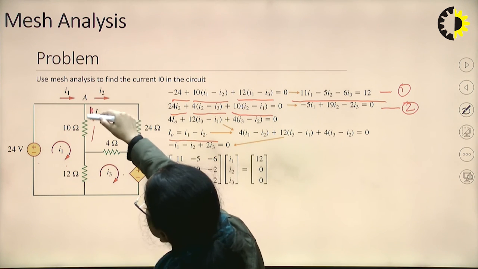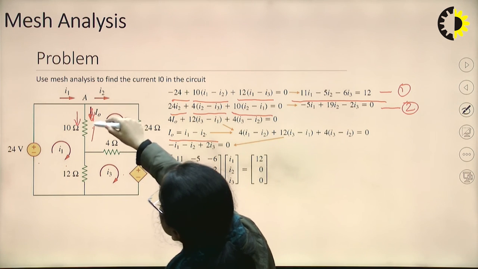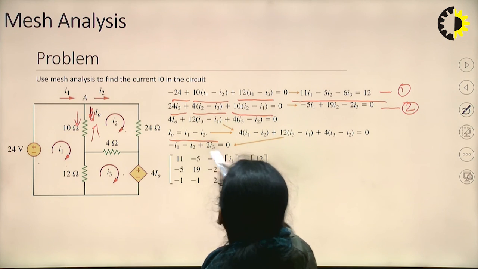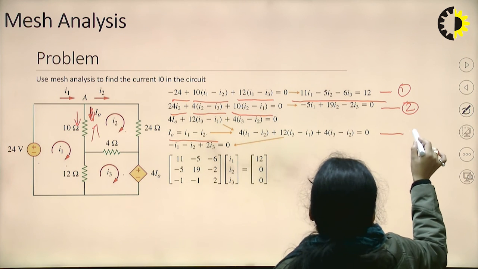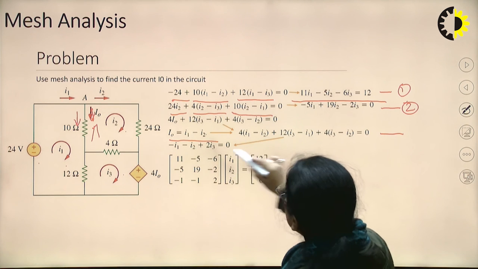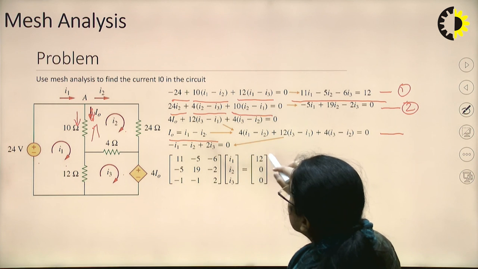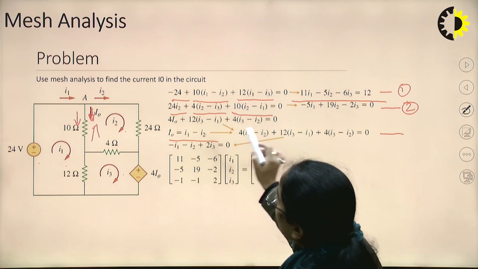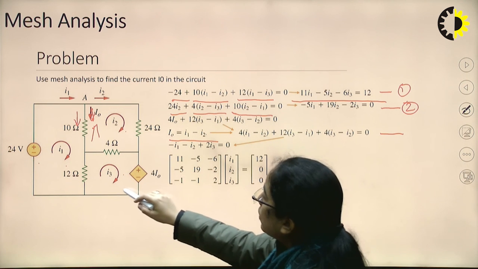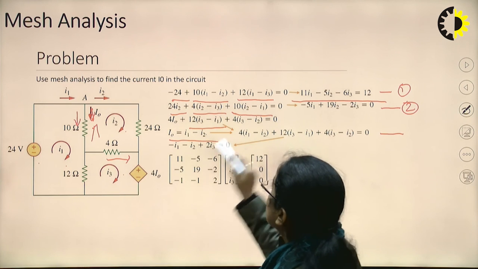See, I0 is in this direction, I1 is in this direction and I2 is in this direction, so I1 minus I2 is I0. Now, for the third mesh equation, 4 I0 is the voltage source, so 4 I0 plus 12 I3 minus I1 plus 4 I3 minus I2.